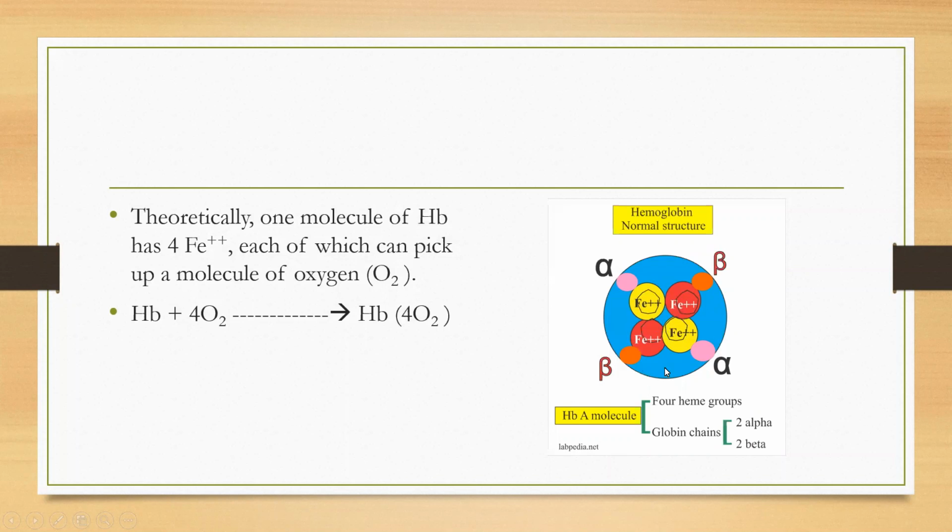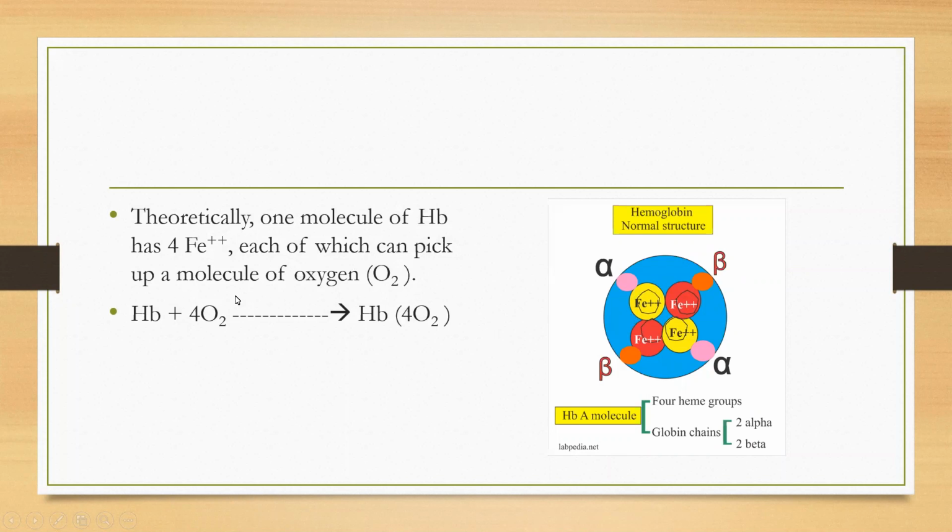That means each hemoglobin molecule has 4 binding sites to pick up one molecule of oxygen. So that is why it is said that theoretically one molecule of hemoglobin has 4 Fe which can pick up a molecule of oxygen.